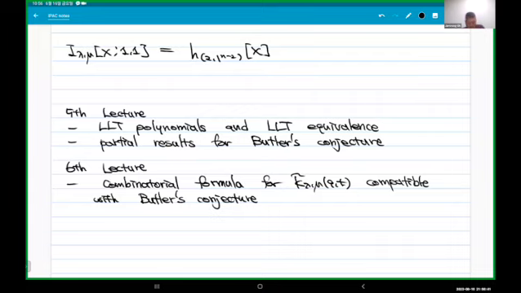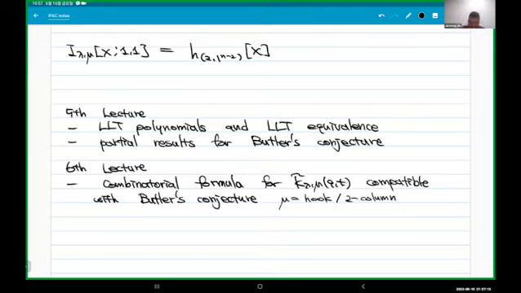And in the last lecture, I'm not sure the last lecture is long enough. I mean, I can do it in like 30 minutes or something, right? I can shorten it. Okay, so the last lecture will be short, and in the last lecture, I will introduce some combinatorial formula for the modified Hall-Littlewood polynomial, which is compatible with Butler's conjecture, for the case where mu is a hook, or mu is two columns, or two rows.